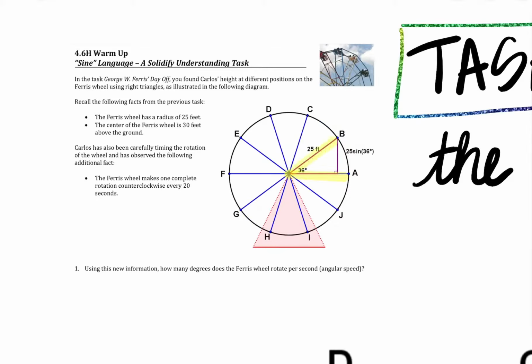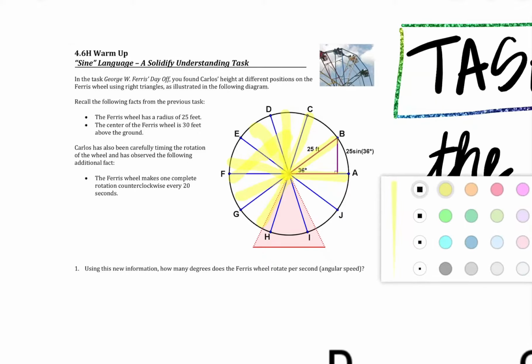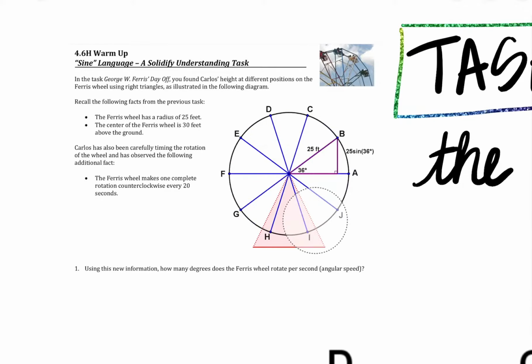That's why you see each of these spokes marked as 25 feet, but it really is just anywhere from the center to the edge would be 25 feet. And that'll help us out in our calculations. And then our last thing to remember is that if we consider this the ground, the height off the ground is 30 feet. So that means anything along this line is 30 feet.